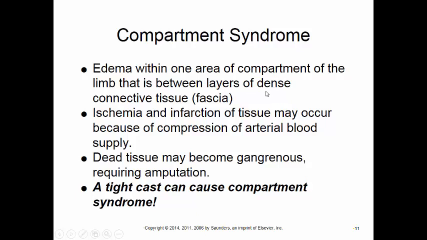And since it's a lot of edema, that area doesn't have very good blood flow and doesn't have good flow of nutrients and waste, and it can lead to ischemia and infarction of that tissue, because of the compression of the arterial blood supply. So it doesn't allow the blood flow, and it can end up getting infected and the bone becomes gangrenous and actually requires amputation.